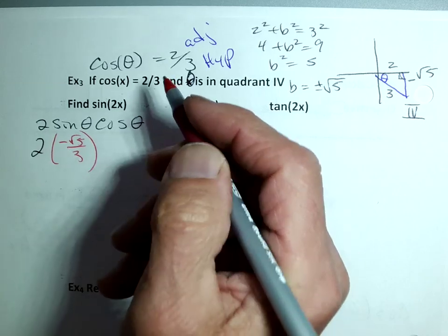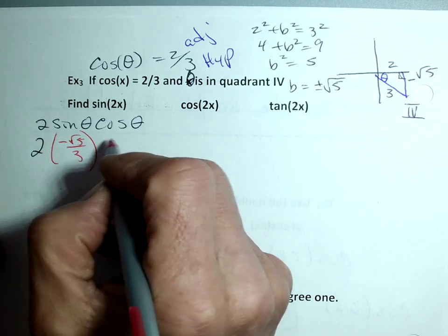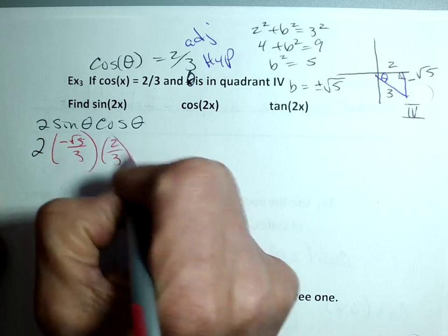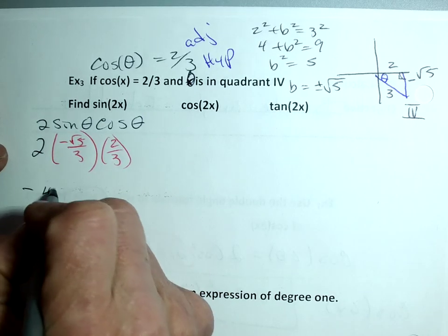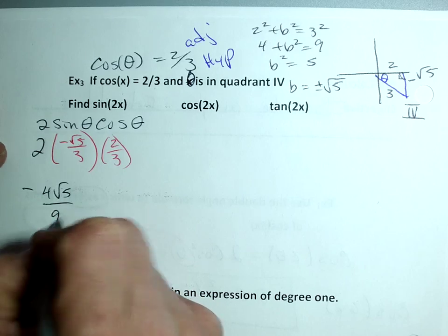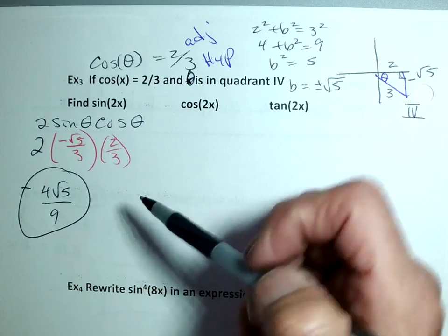And cosine, we already know cosine, it's the adjacent over the hypotenuse, 2 over 3. So if I simplify this, I get negative 4 square root of 5 over 9. And that is the value of sine of 2x, or sine of 2 theta, okay?